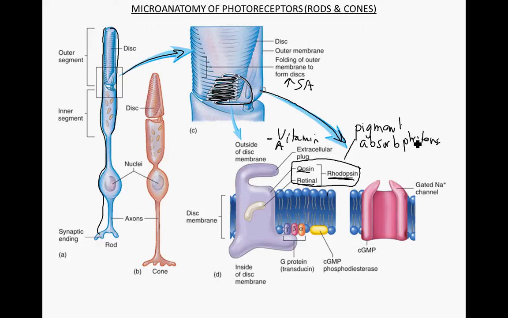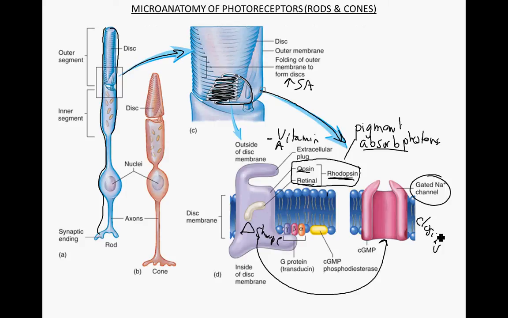But essentially what's happening is that when this pigment rhodopsin absorbs photons, this opsin and retinal change their shape. They change shape, and that shape change here, don't worry about all these G proteins and things, is linked to a sodium channel actually closing.